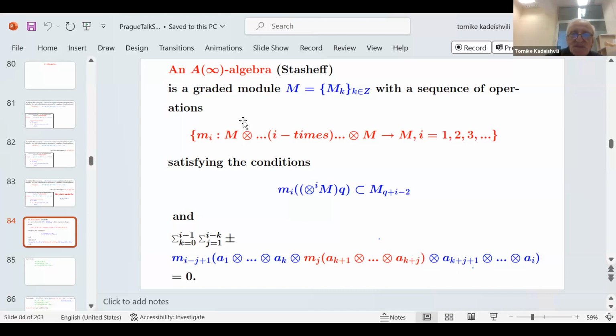And Stasheff's aim was absolutely different. The infinity algebra was introduced for homotopical reasons. It was not prepared to be used in an algebraic situation.